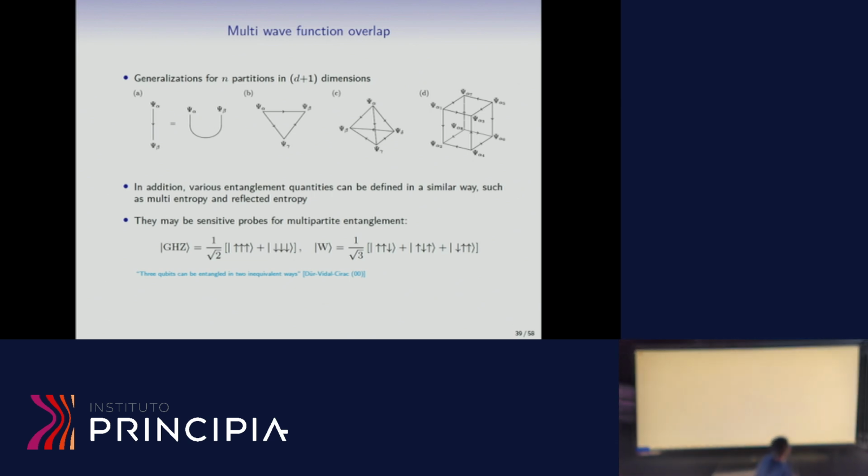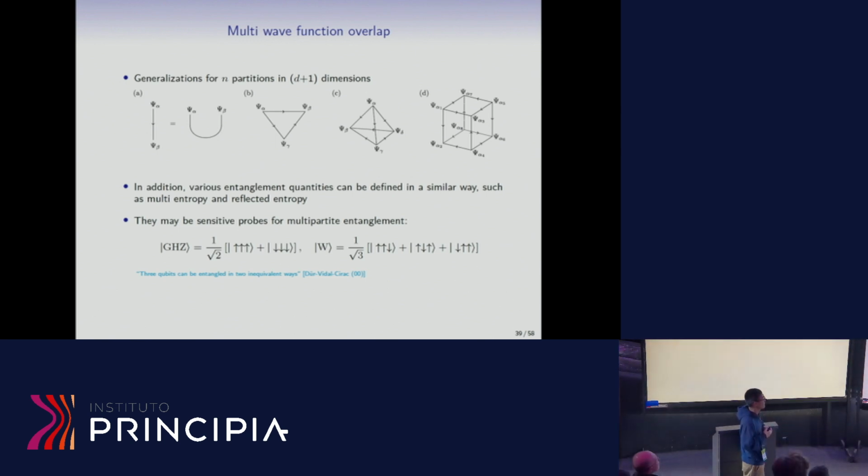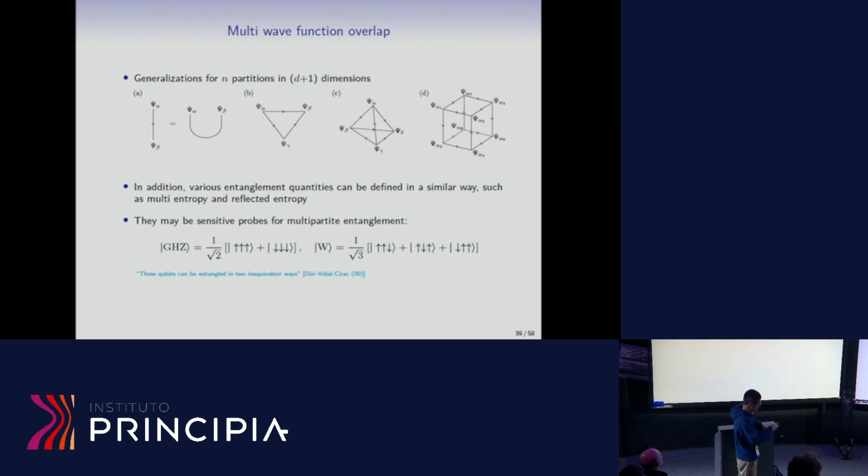So the simplest example of multipartite entanglement could be these states. For bipartite entanglement, we have a Bell pair, EPR pair. But if you go to 3 qubits, you can have an interesting entanglement pattern which does not exist in the 2 qubit system. There's the GHZ cat state, or there's also something called the W state.